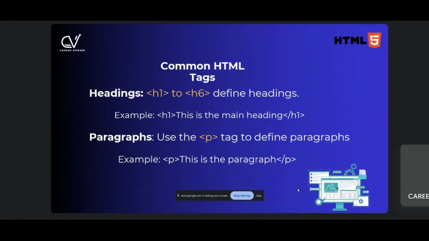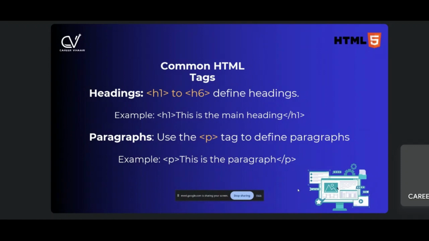Common HTML tags. We have heading tags, we have paragraph tags, we have many tags, right? What are heading tags? Heading tags are usually used for headings on web pages. They define headings and range from H1 to H6.